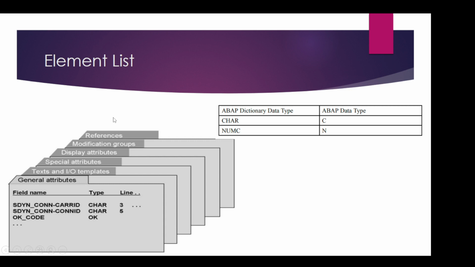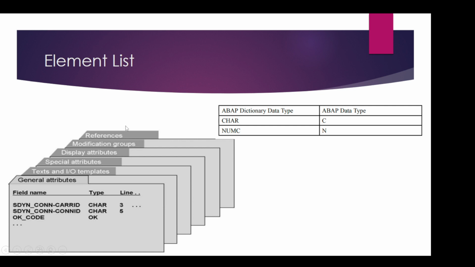Let's say for example, the element list has 6 types of views. It has general attributes, text and IO template, special attributes, display attributes, modification group and reference.